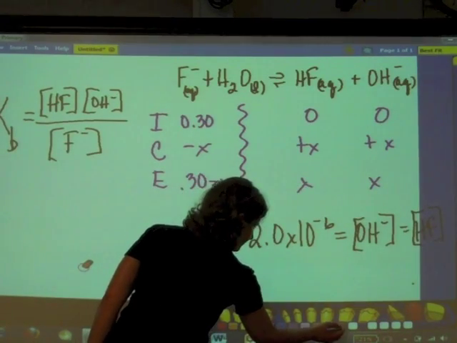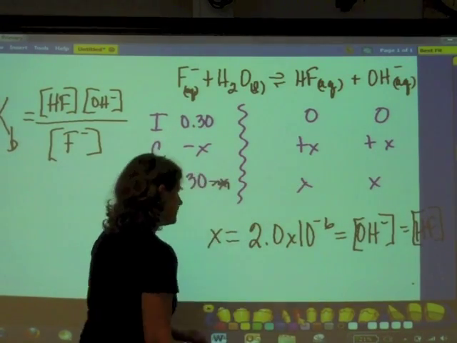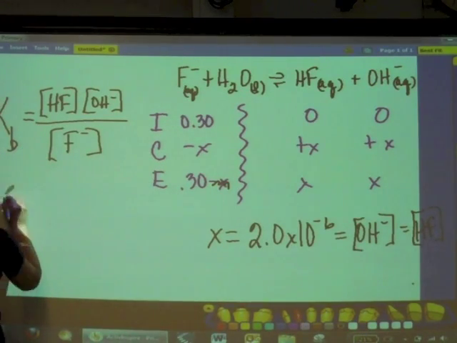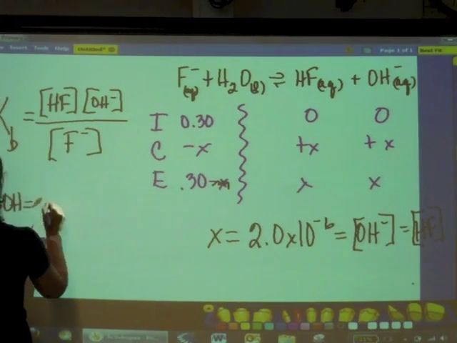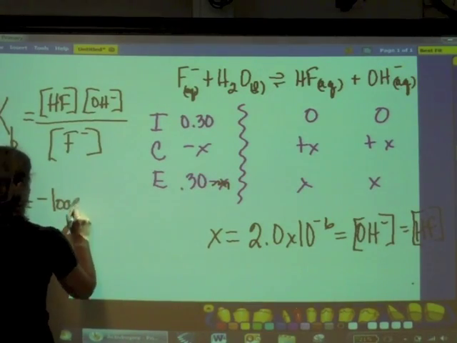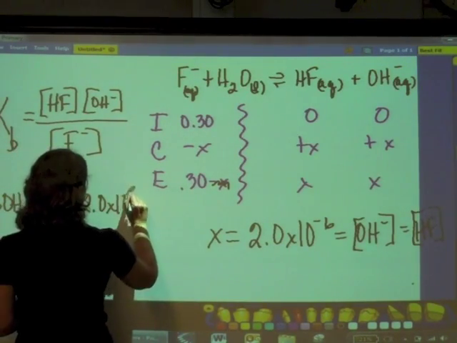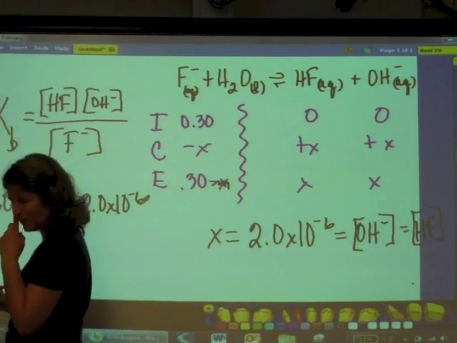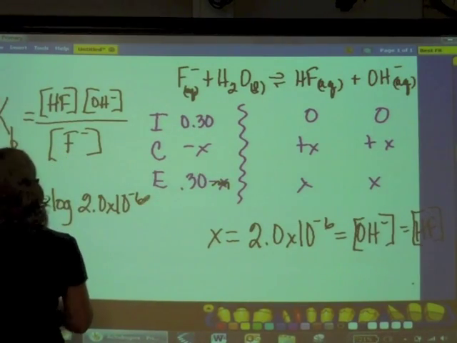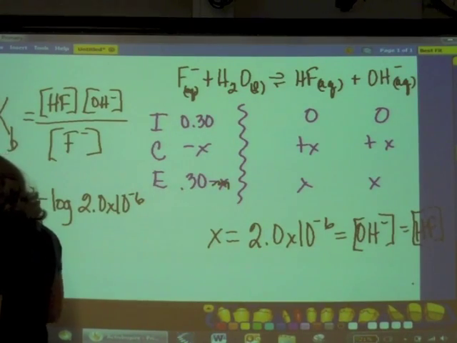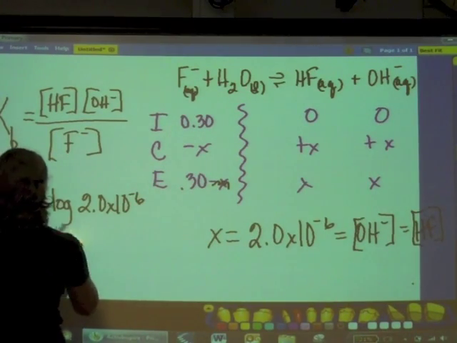Okay, so the pOH is equal to the negative log of 2.0 times 10 to the minus 6, and so pOH is going to be equal to 5.69.